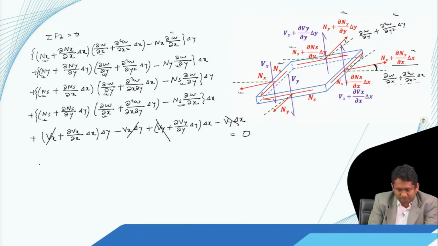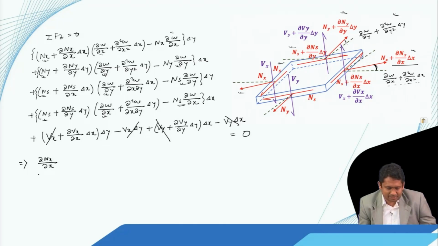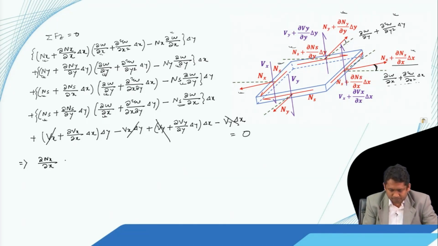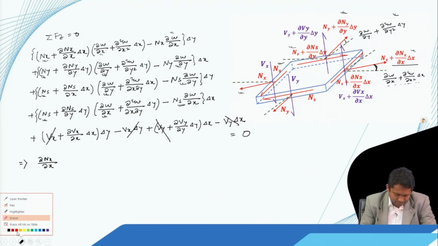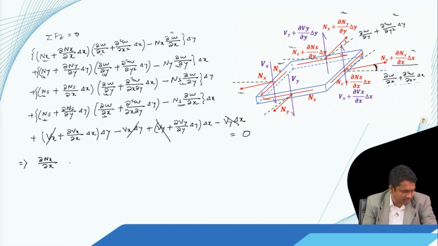Now if we write down the rest of the remaining forces, we get del Nx by del x into delta x multiplied by del w by del x. What we can do here is take these quantities outside, and it will be easier to write.